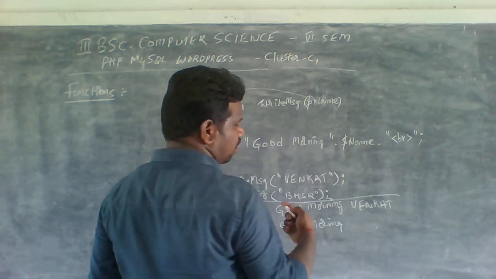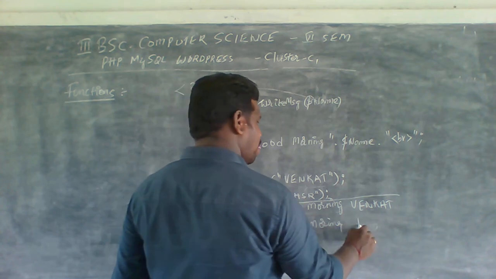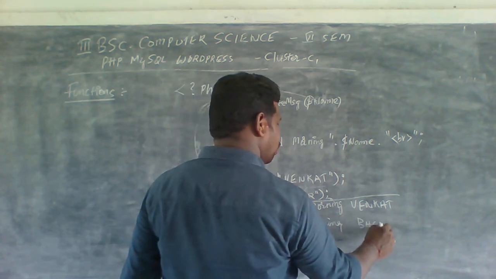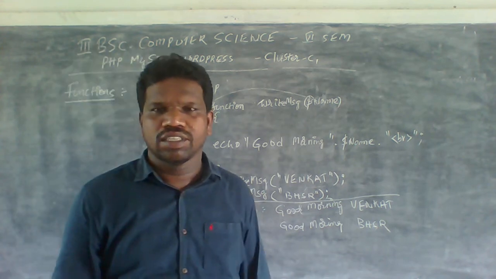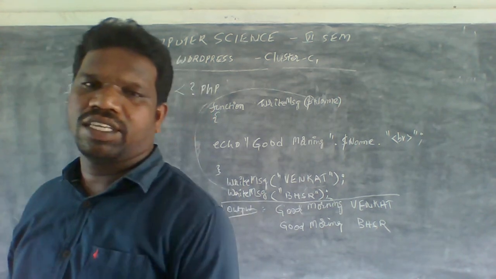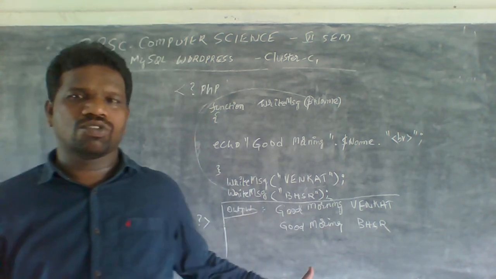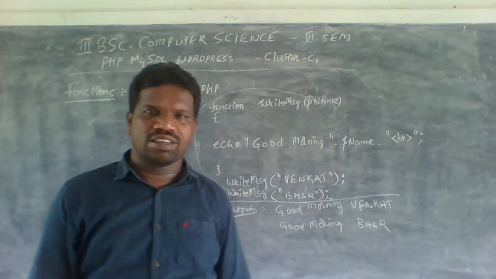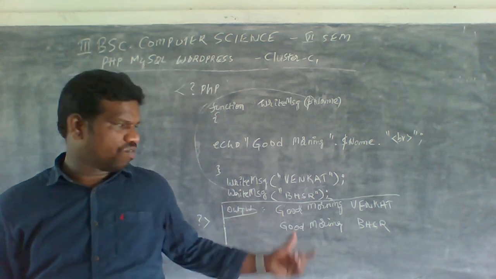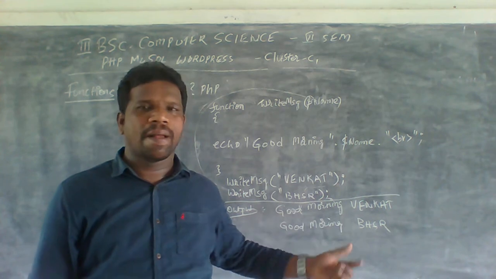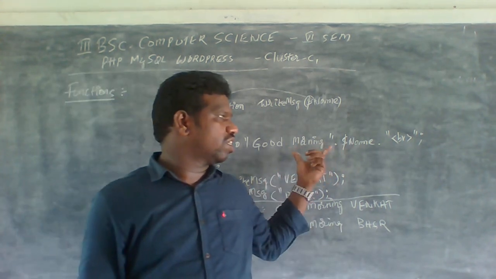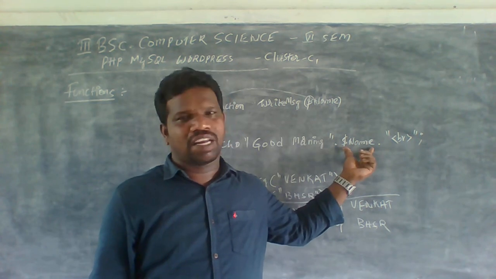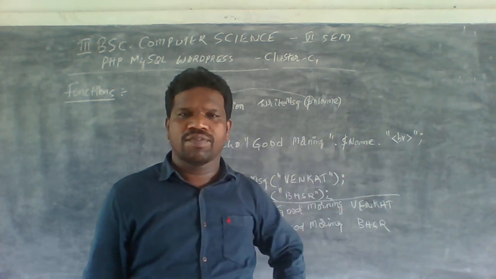Good morning dot name. What is the name of this function? That function is called BHSL. So this is the output of the program here. In this session, I'm placing two values with different variables here, one for Venkat and another one for BHSL. So it is going to place the function, Good morning, and the name, and call the function.